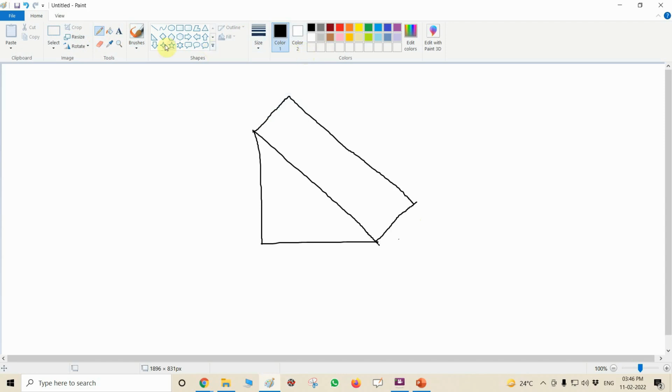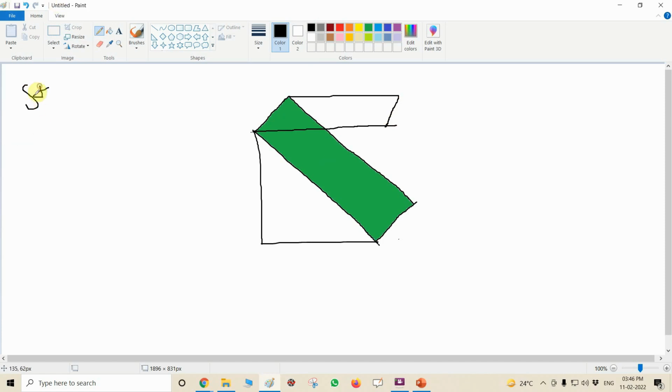For better understanding, on this inclined plane you will be considering a horizontal plane. That's a horizontal virtual plane you are considering. So two things are there, one is strike, another one is dip.